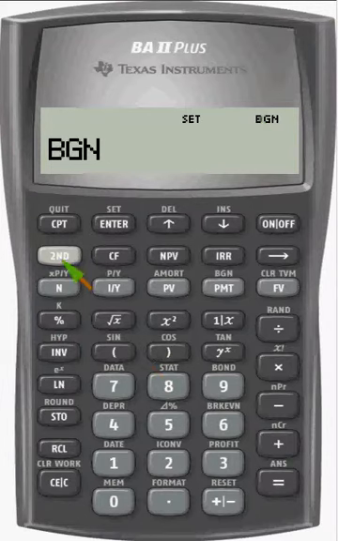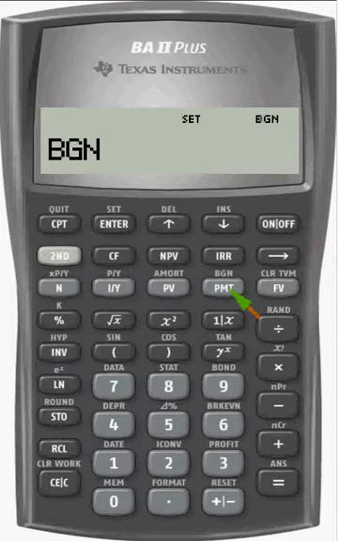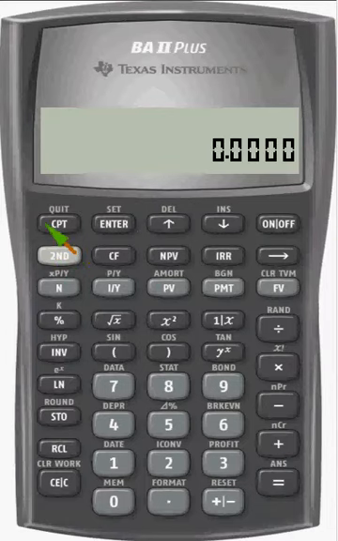When you finish the problems, you need to change the setting back to ordinary annuity. To change it back, push the second shift key, then push the payment key. To change the value, you need to reach the SET function, so push second shift, enter, then change the value back and quit the setting.